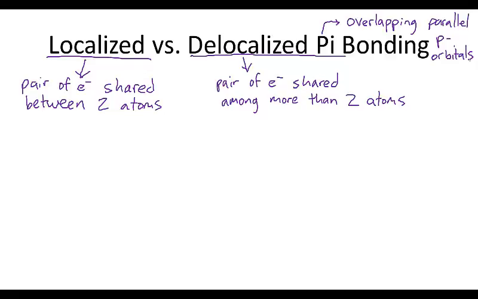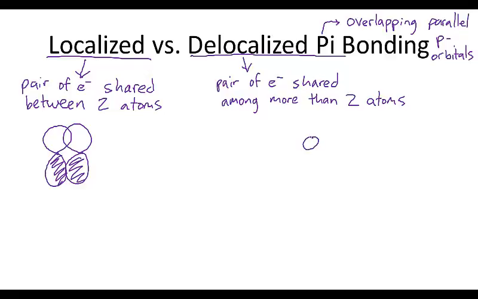In a typical localized pi bond, you have two atoms that have their p orbitals overlap, and they make that pi bond. So normally, you'd have just two atoms with their p orbitals overlapping. In a delocalized pi bond, you just have more than two. So it might be 3 or 4. In the case of ozone, it might look like this.